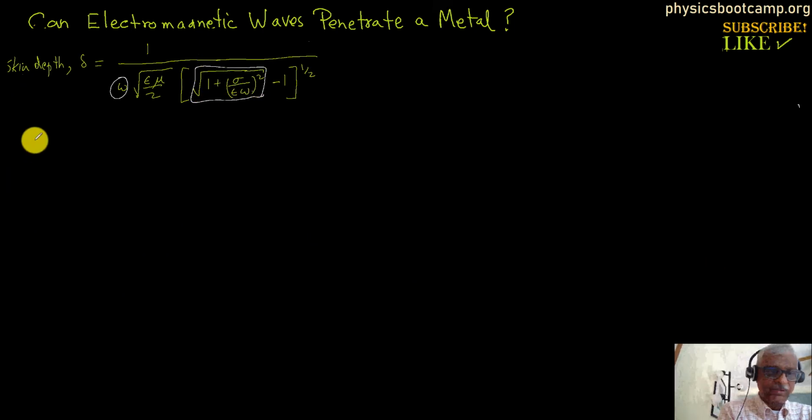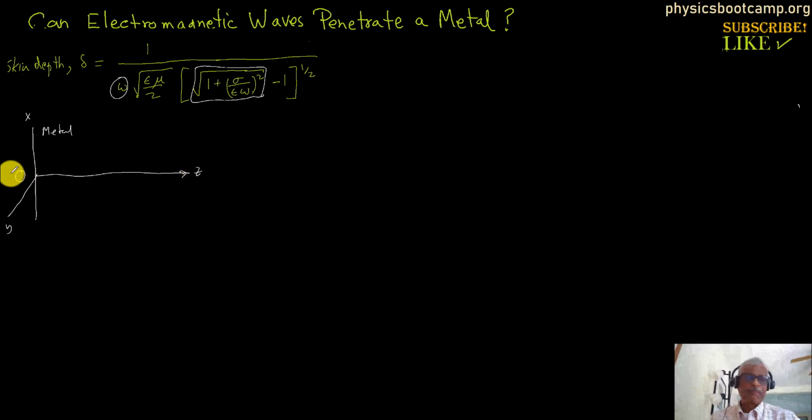Let me draw the coordinate. So we are in the silver, and this is the x-axis, and this is the y-axis, and this is the origin. So in this medium, we have no free charge, no flowing applied current.